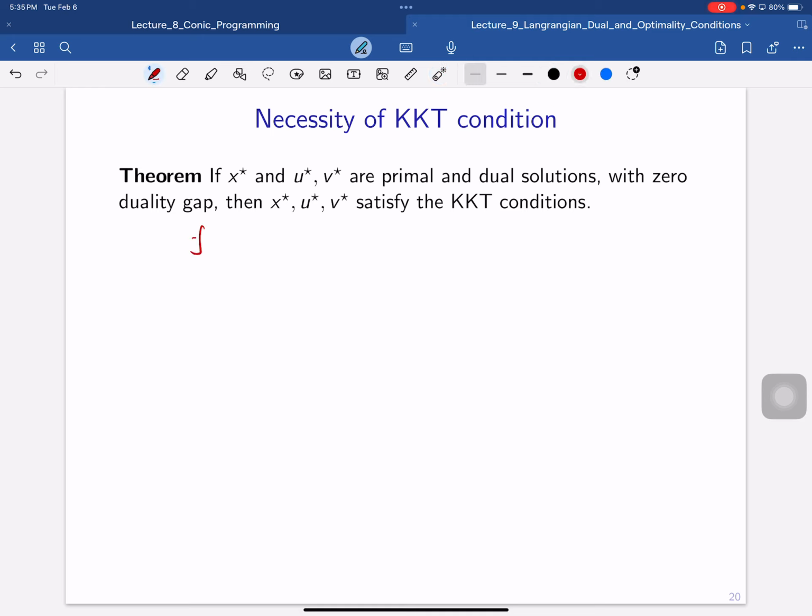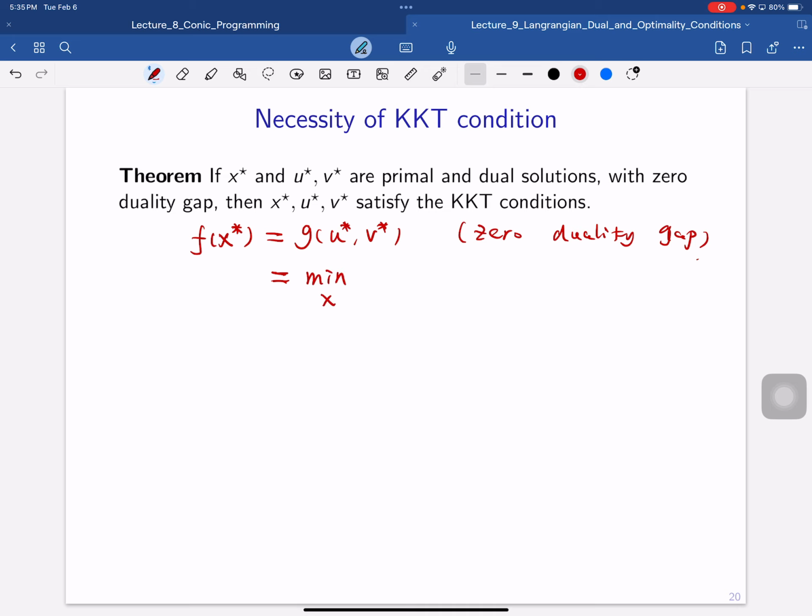First of all, by 0 duality gap, it already says f(x star) equals g(u star, v star), right? This is just the claim of the condition. That's the definition of 0 duality gap. And then let's write down the definition of g(u star, v star). Remember, g(u star, v star) is a minimum over the Lagrangian.